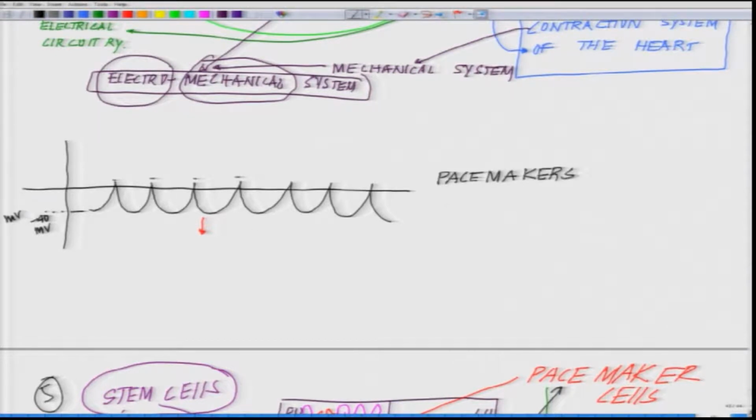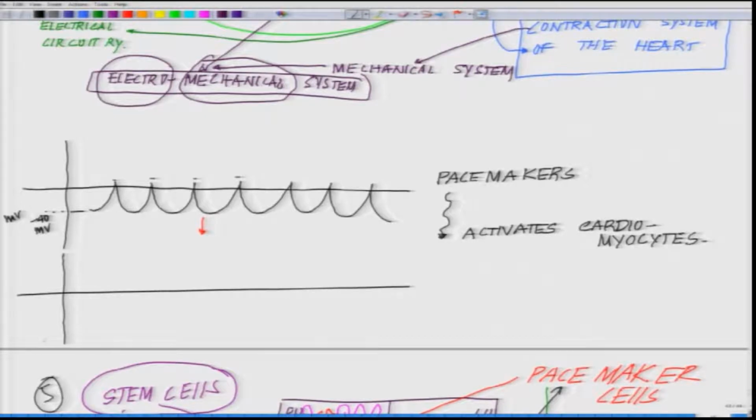Now the pacemaker has this induction effect which activates cardiomyocytes, and in the cardiomyocytes, again let me put the scale. They are sitting at minus 80 millivolt. Cardiomyocytes are sitting at minus 80 millivolt. Now from there, because of that induction effect, the cardiomyocyte shoots an action potential like this.